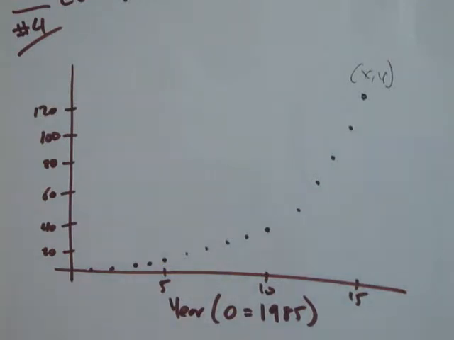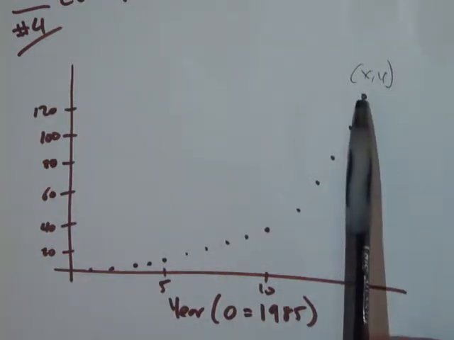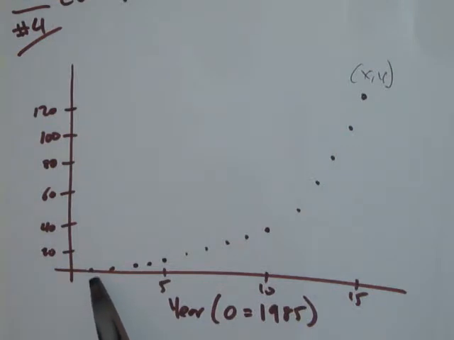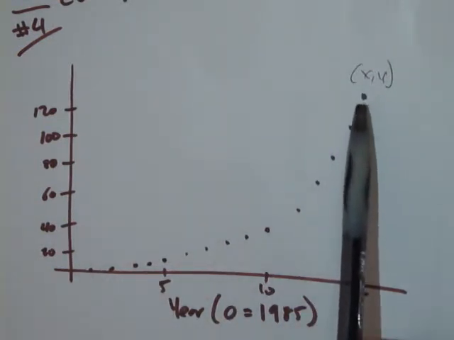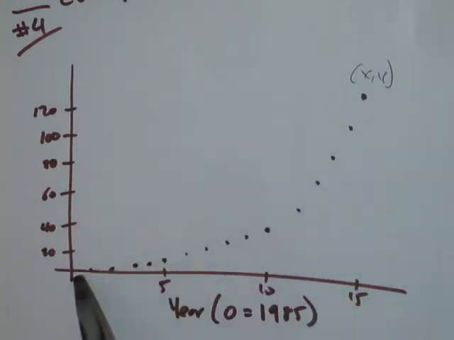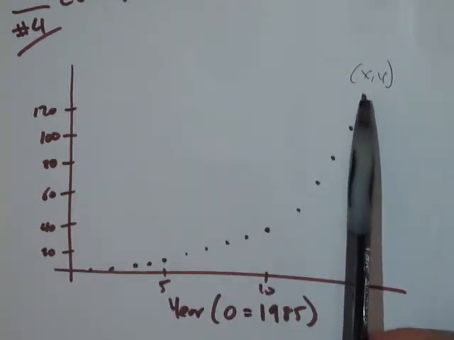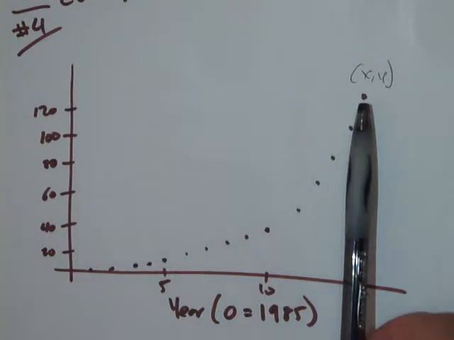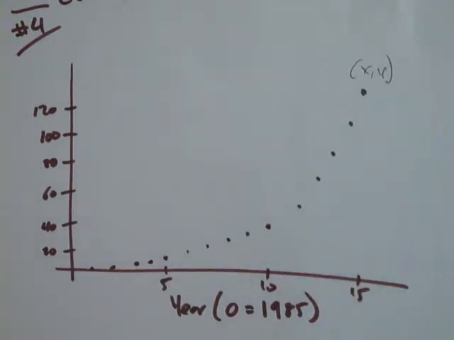What this tells us is the X value of this point would tell us how far over we go, the X value down here. So the X value of this point, if we knew the coordinate, would be 15. I forget what it is on the table in front of me right now, but it's 15 and whatever the value of 15 is. I think it's 109 point something.